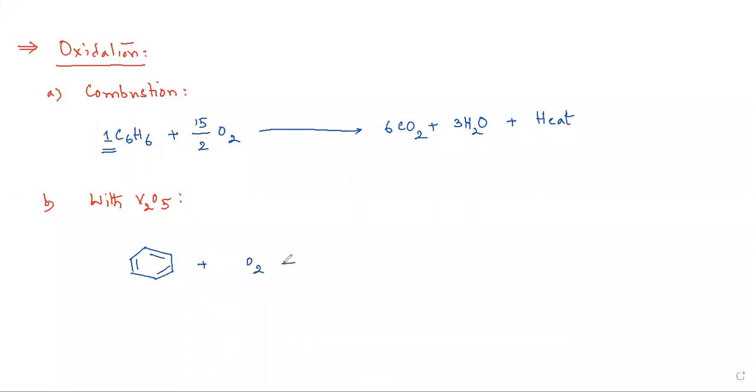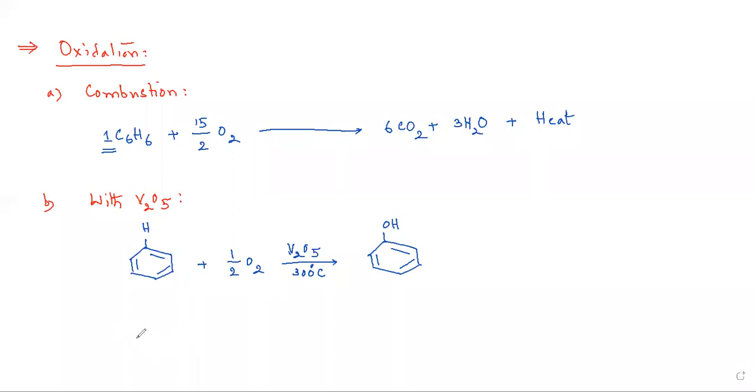Benzene on oxidation using vanadium pentoxide at 300 degrees centigrade forms phenol. Okay. Now we have just used one oxygen, so let it be half mole of oxygen. Anyway, you'll have a hydrogen at every corner of the benzene, right?